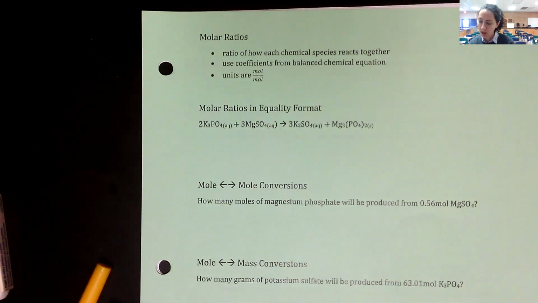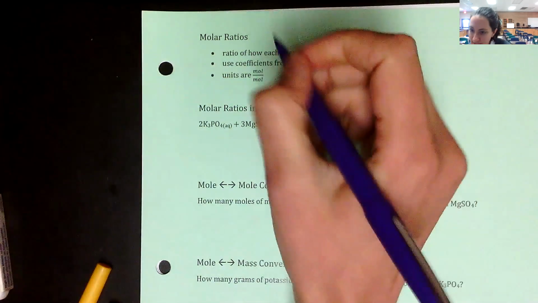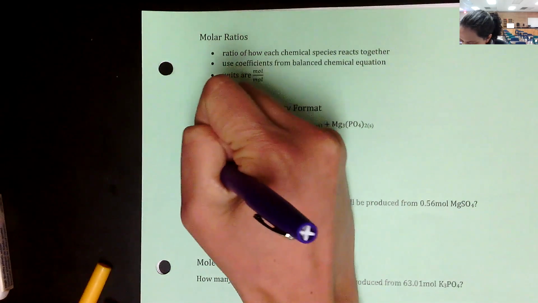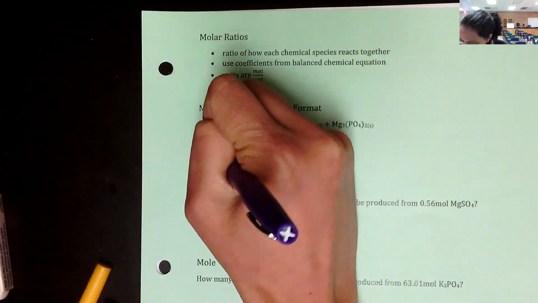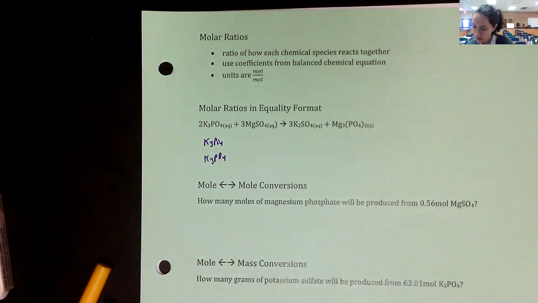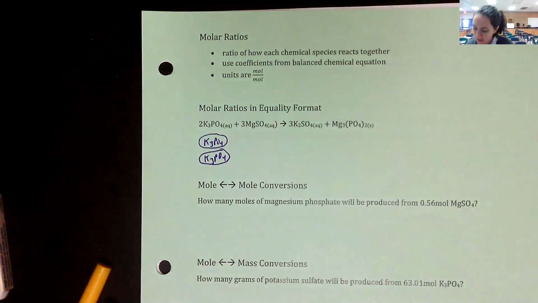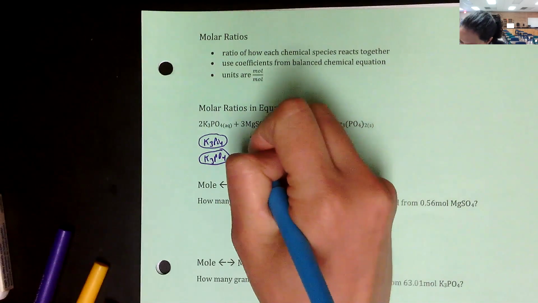Okay, so the way I can think about this is there are 2 K3PO4s. Now they're not really all stuck together like that necessarily because they're aqueous, but this gives us at least an idea.